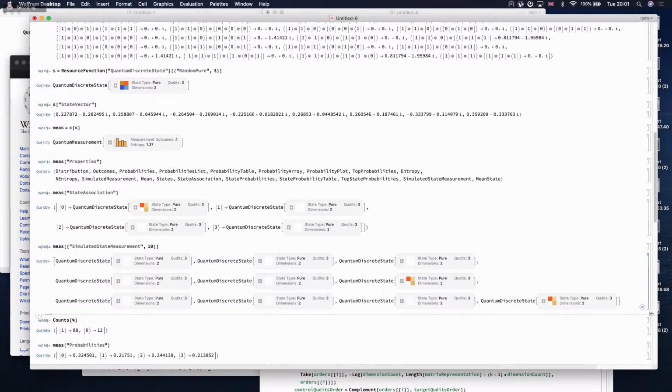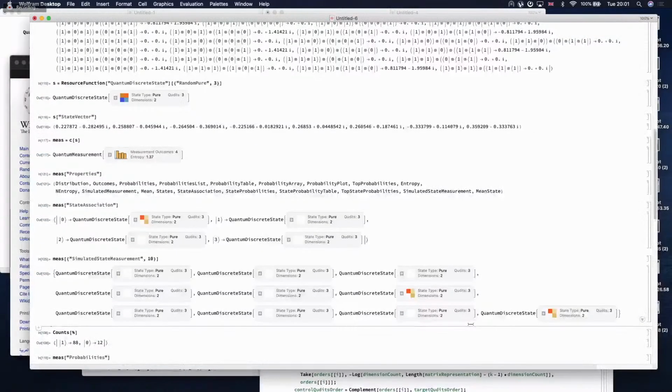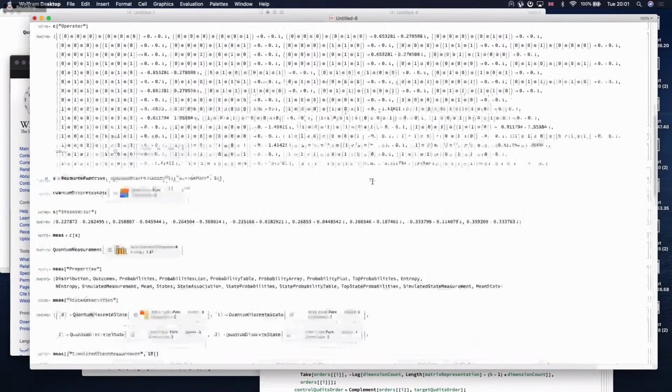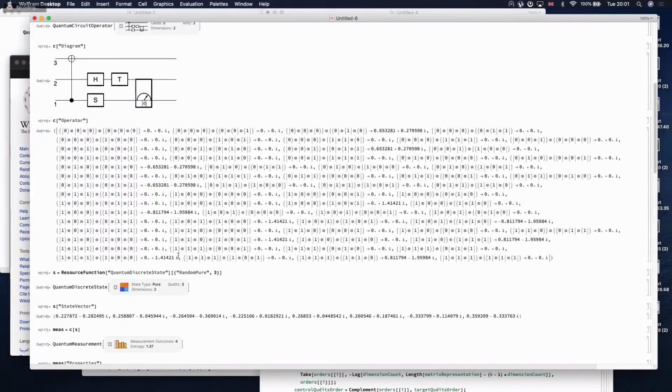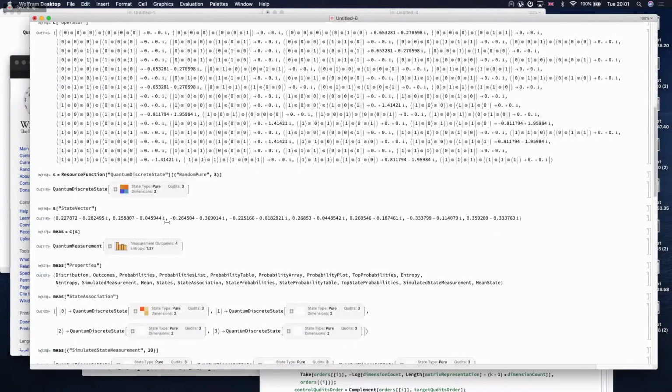Okay, but I don't quite understand why the keys in the measured results aren't just those quantum discrete states, as opposed to these made up kets with random numbers in them. Well, the underlying point is that when you perform a quantum measurement, the only information you're receiving back are eigenvalues, right?